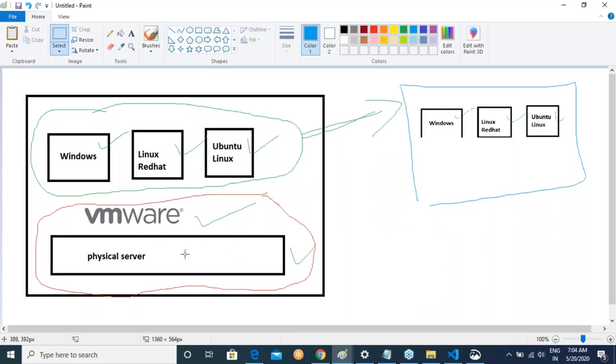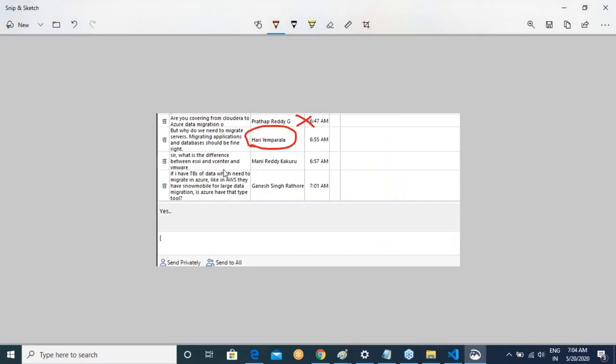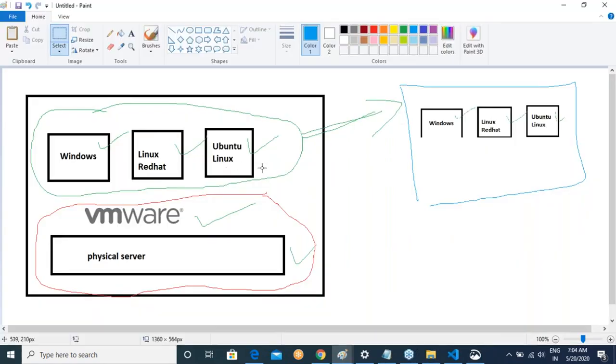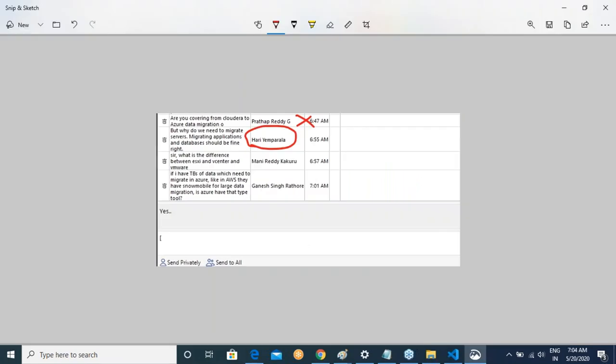So physical server to virtual machine creation is done by ESXi, and vCenter is the software used to manage the virtual machines. And VMware is basically the company's name.